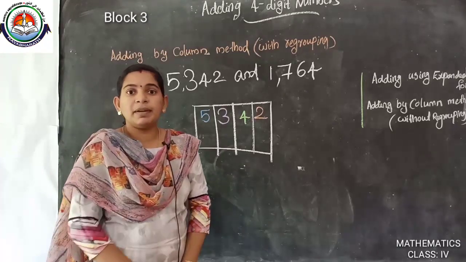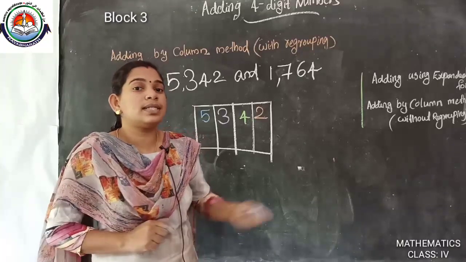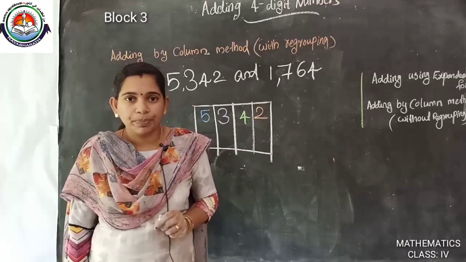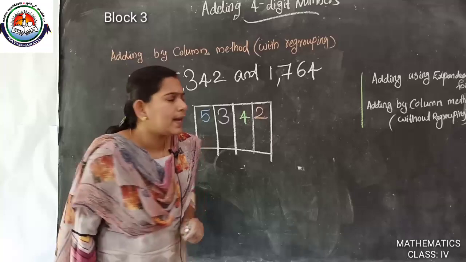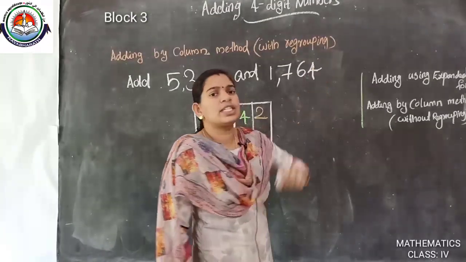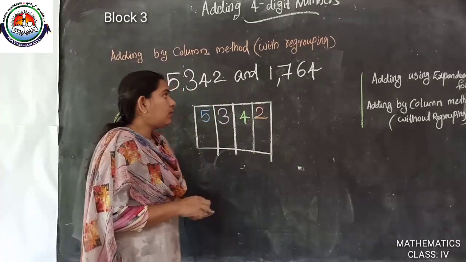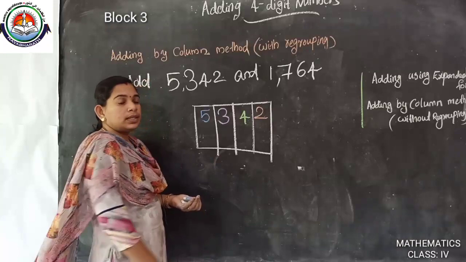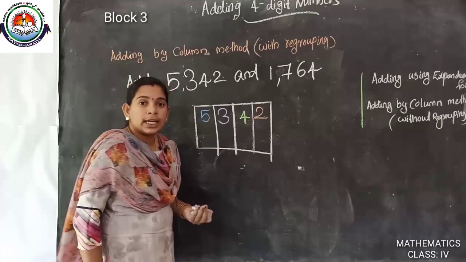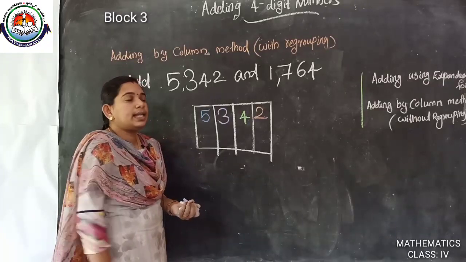Next, the second number's digits we place the same way, as we did in the previous class. What is the second number here? 1764. So where do we write 4? Just below the 2, in the first column.